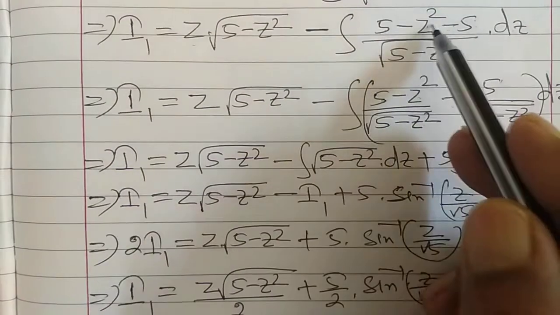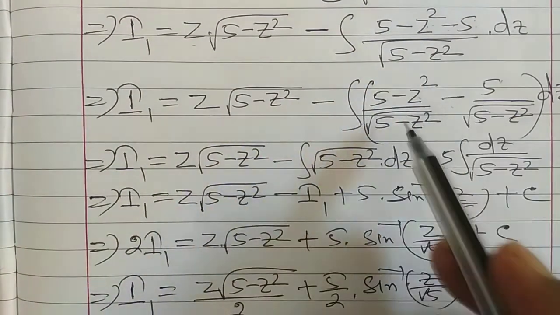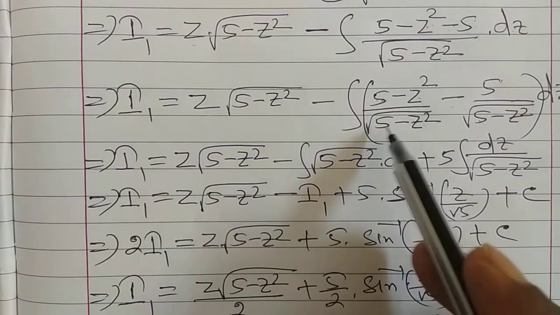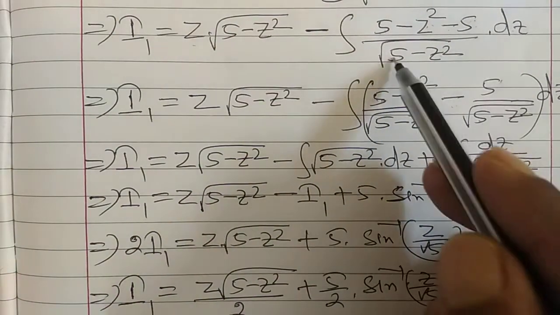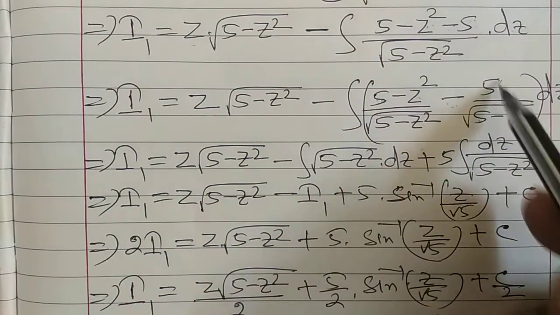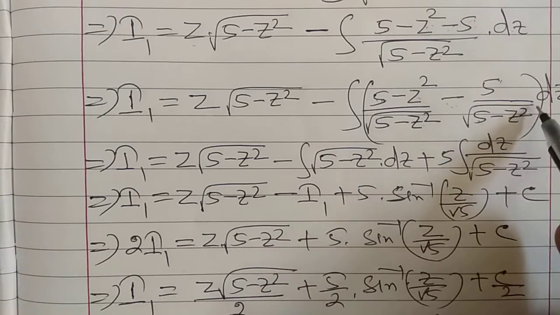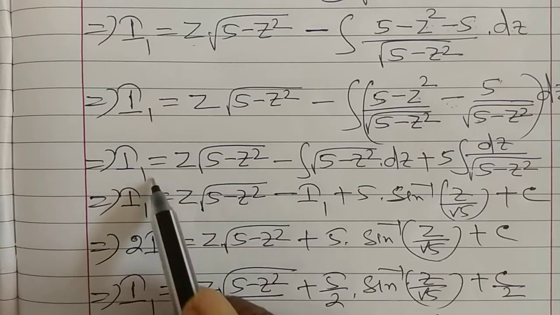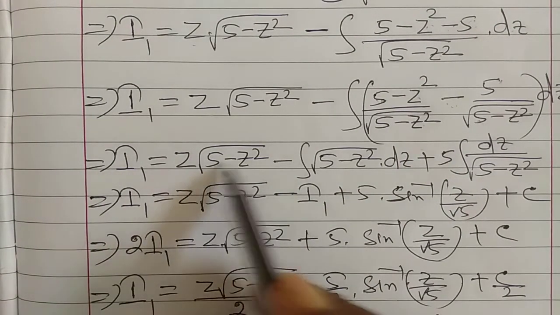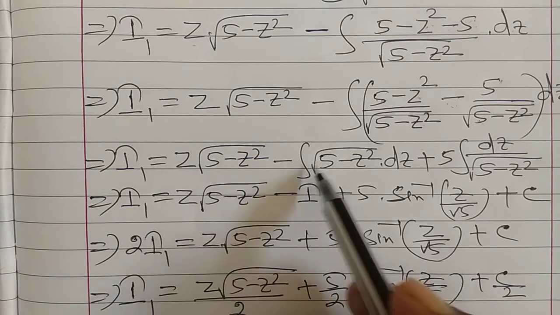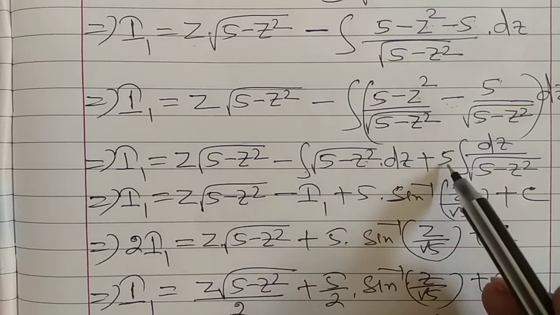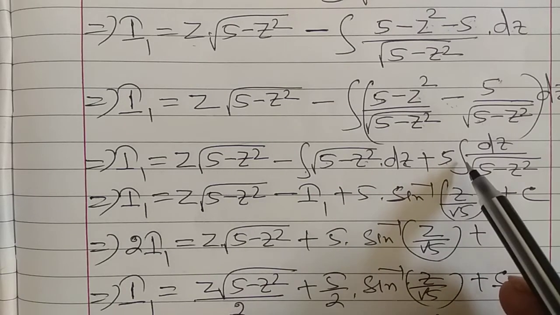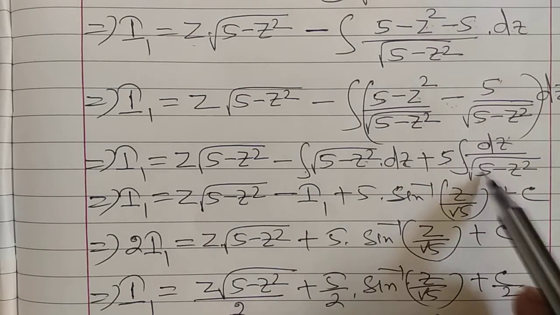Here 5 minus z square by root over 5 minus z square, that is 5 minus z square by root over 5 minus z square, minus 5 by root over 5 minus z square. This implies I1 is equal to z into root over 5 minus z square minus integration of root over 5 minus z square into dz plus 5 into integration of dz by root over 5 minus z square.